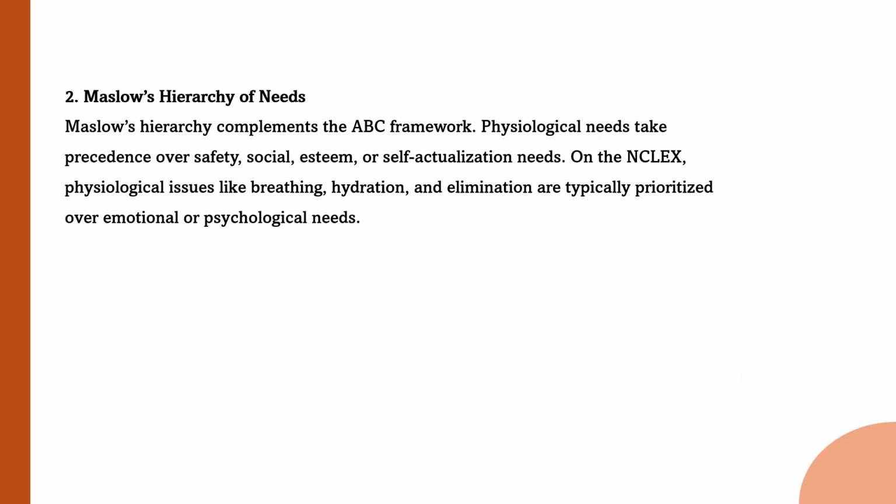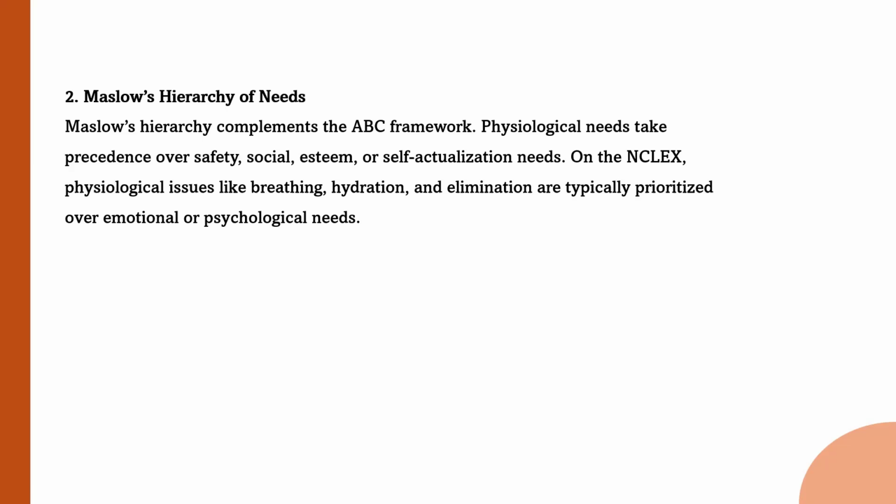And sometimes you can use Maslow's hierarchy. A question you might use Maslow's hierarchy for might be one where you have to decide whether to attend to physiological needs now over safety, social, esteem, or self-actualization needs, right? Because on the NCLEX, physiological issues like breathing, hydration, and elimination are typically prioritized over emotional and psychological needs, right?